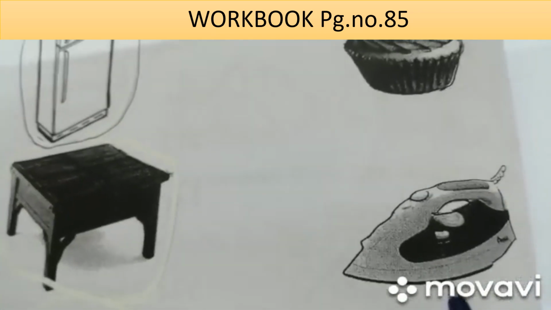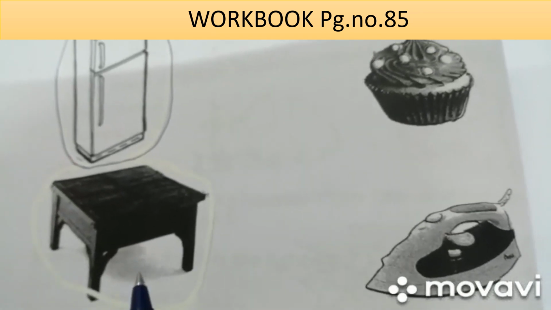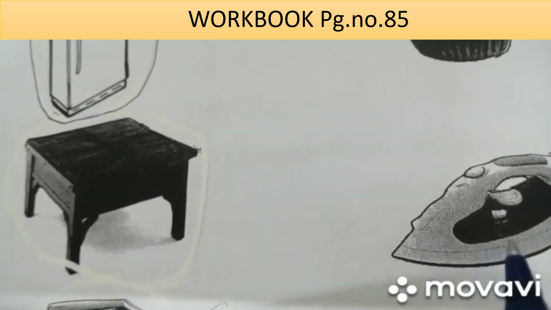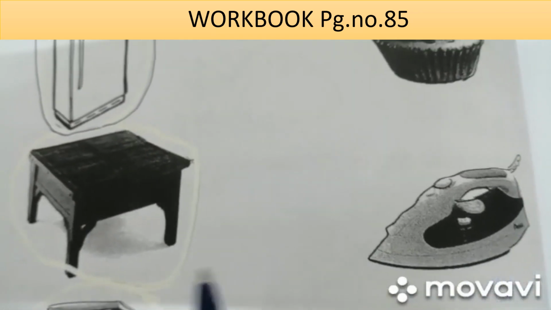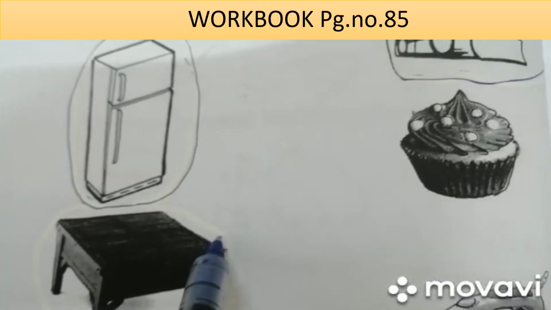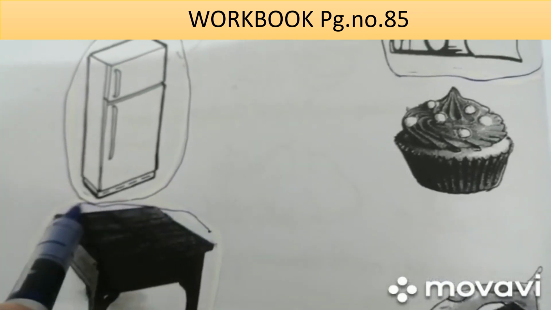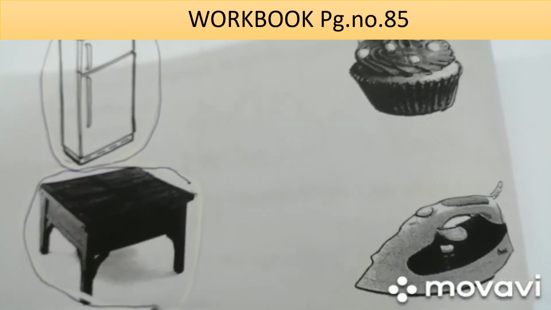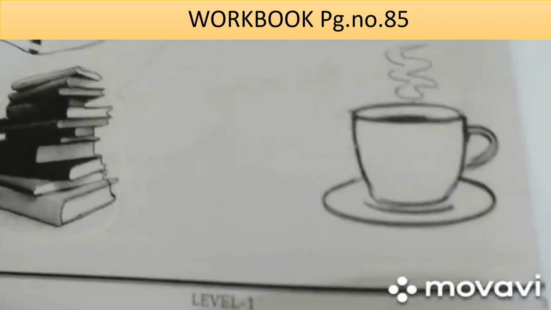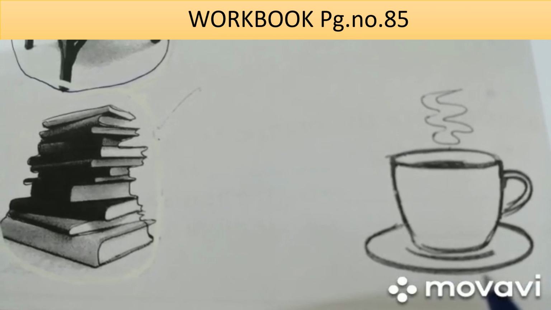What is this? Iron. And what is this? Table. Can you tell me which one is heavier? Table is heavier or iron is heavier? Very good. Table is heavier than iron, right? Okay. Now let's do the last one. What is this? This is a cup of tea.